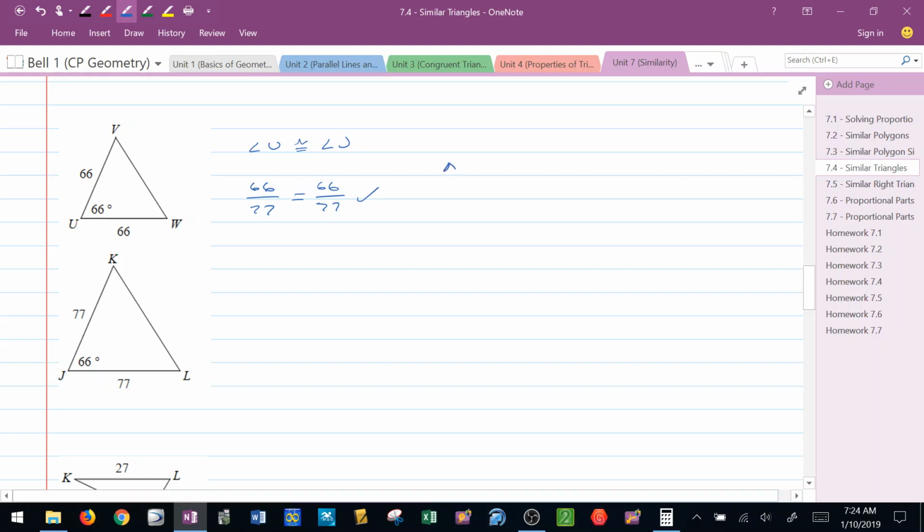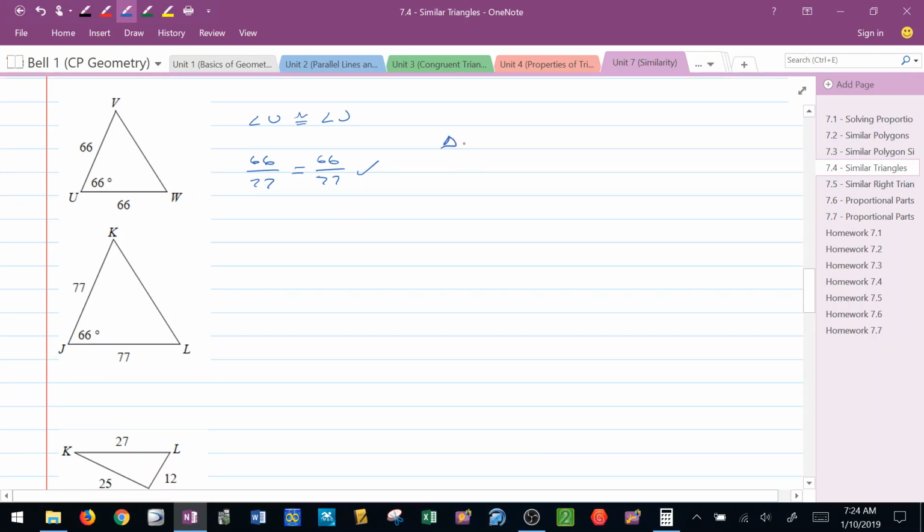I can conclude the triangle VUW is similar to triangle, let's see here, how about KJL? And remember, naming these in the right order is absolutely critical. The reason why these two are similar is because of the thing called side angle side similarity.